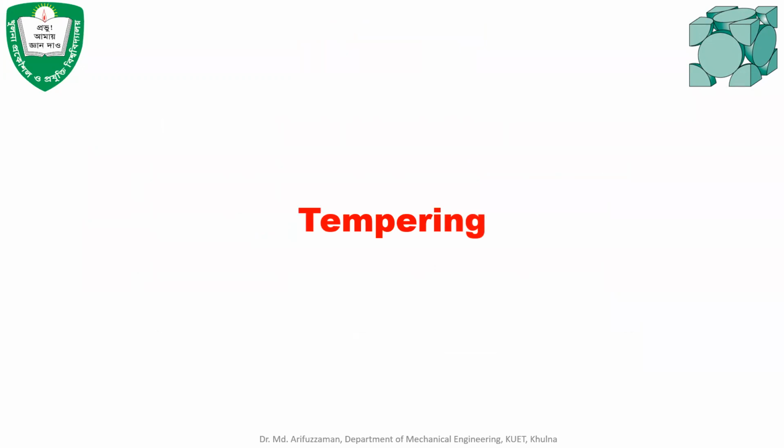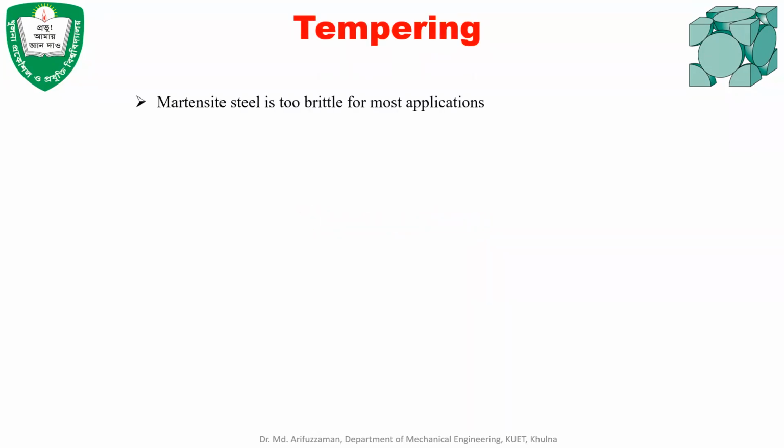Okay, so the next heat treatment method is tempering. Tempering is a very important heat treatment process because in the case of most heat treated parts, you need to do the tempering. Martensitic steel, as I said, the martensite is very brittle, very hard but very brittle.